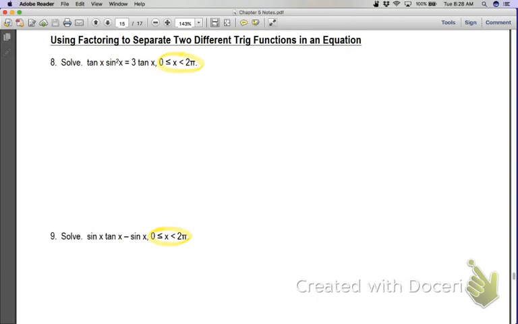So even if you start with two different parts on two different sides, I want to take the 3 tangent of x and take it over to the other side. So I'm going to have tangent of x times sine squared x minus 3 tangent of x, and it's equal to 0.